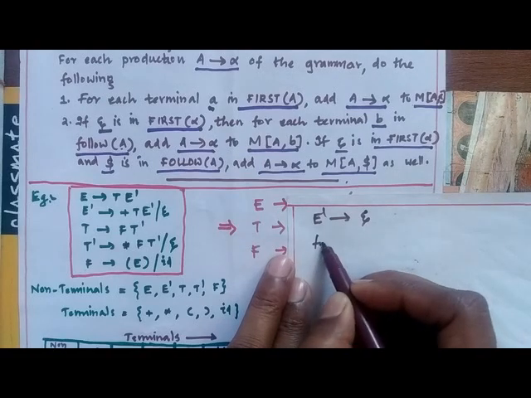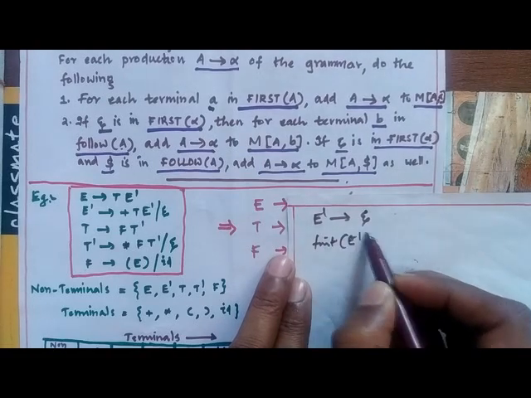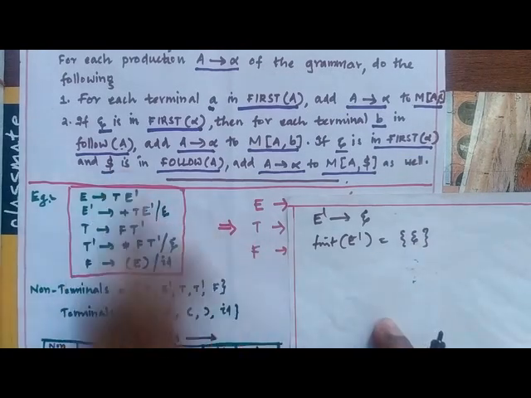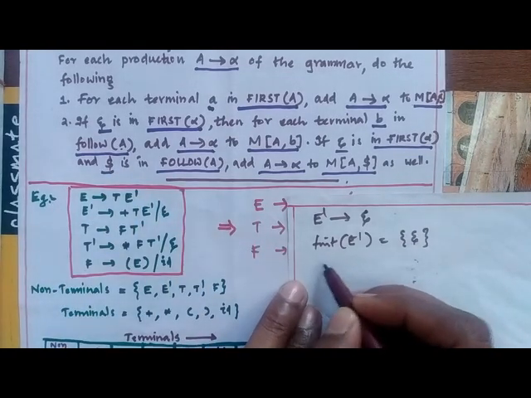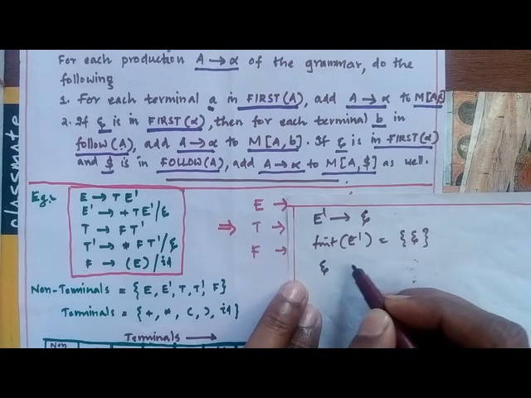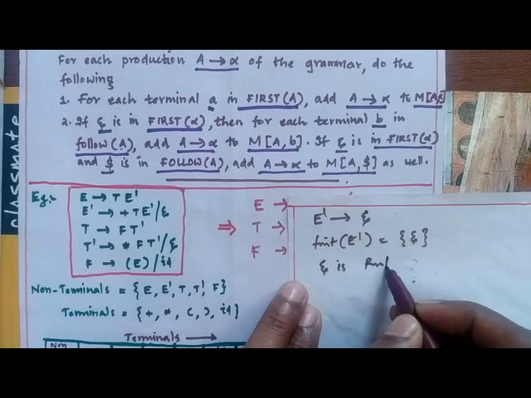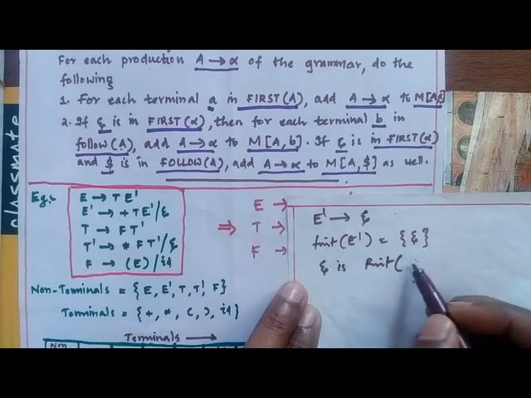We know that first of E dash is equal to the set containing epsilon. Then the second rule is telling that epsilon is present in first of alpha.